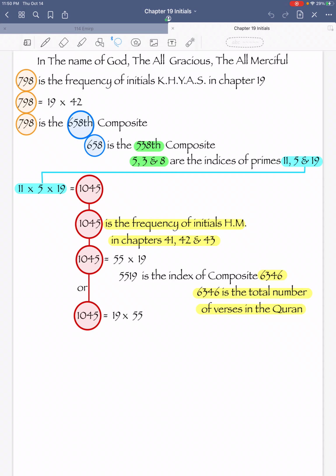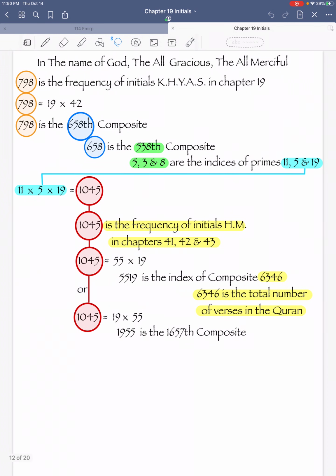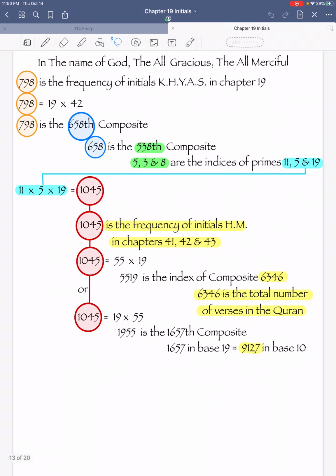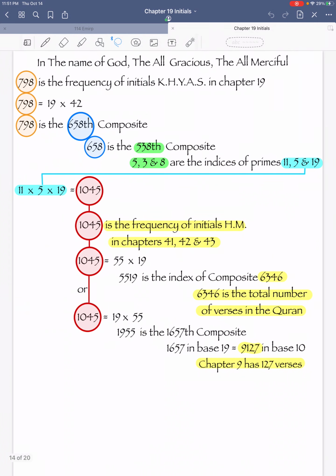Let's see what the second set of numbers gives us, the 19 times 55. We're going to do the same thing. We're going to concatenate those 2 numbers. 1955, which is the 1657th composite, and 1657 in base 19 is equal to 9127 in base 10. And as we know, 9127 mathematically is telling us that chapter 9 has 127 verses and not 129.